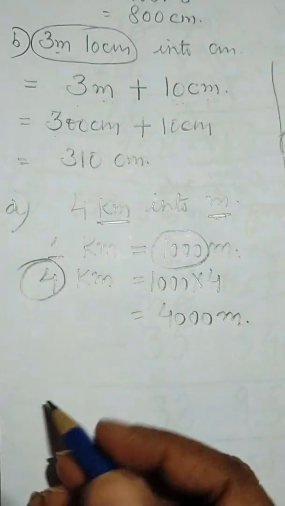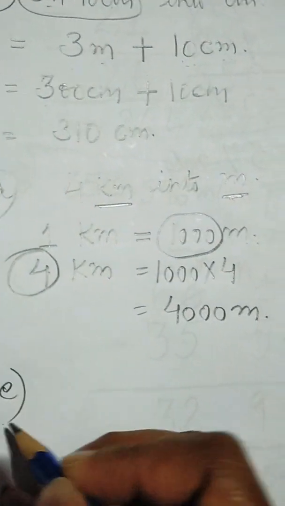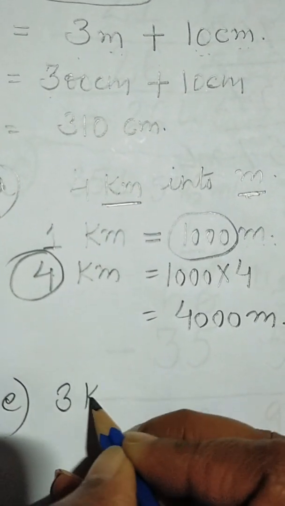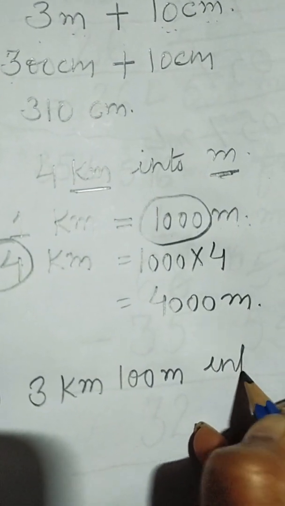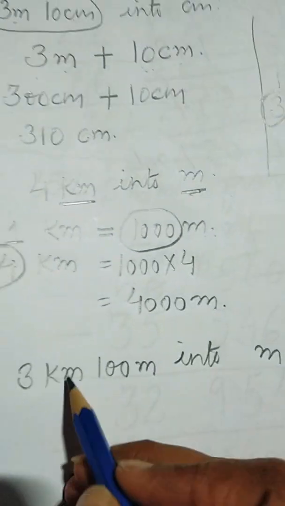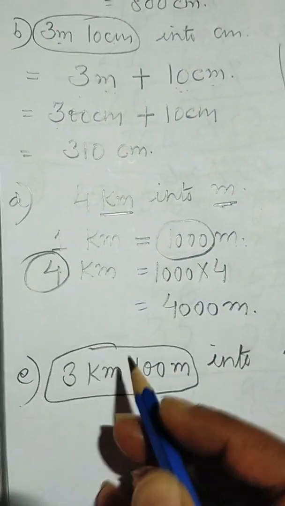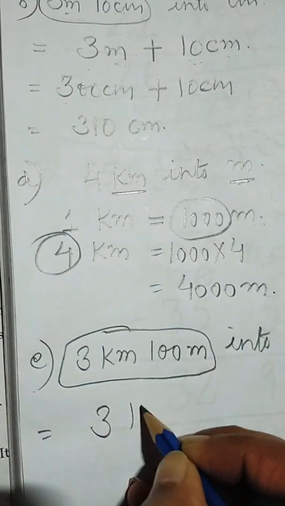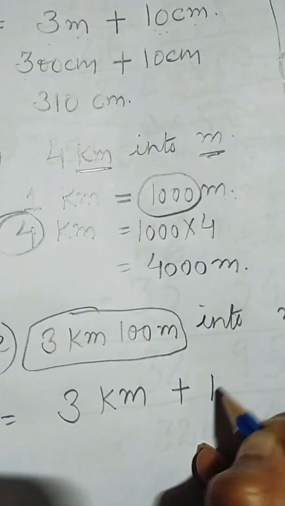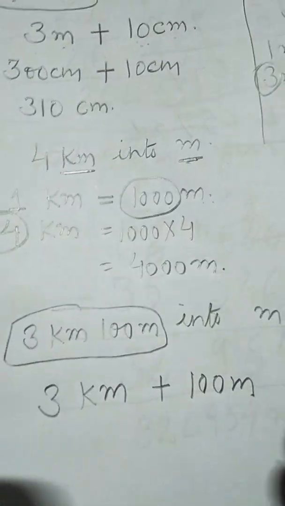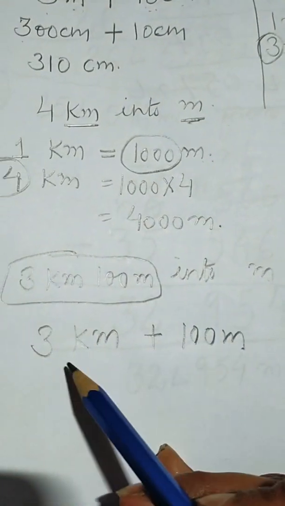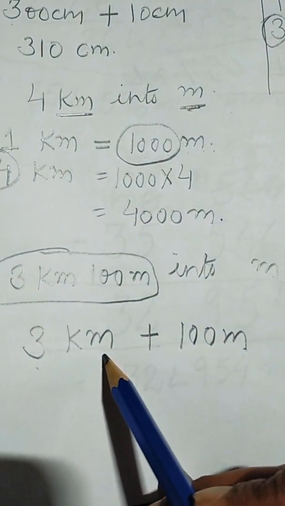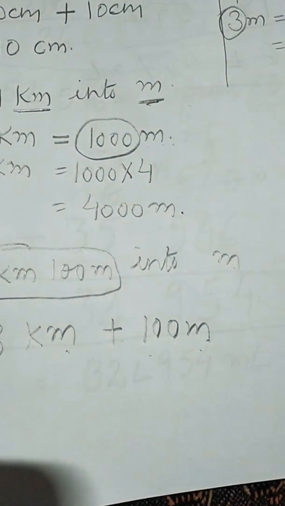Now next part is E part, that is 3 kilometer 100 meter into meter. Now this statement is given in two parts. Firstly, we will put the symbol of addition. Here we have to convert into meters. 3 kilometer we will convert into meters and 100 meter is already in meters.